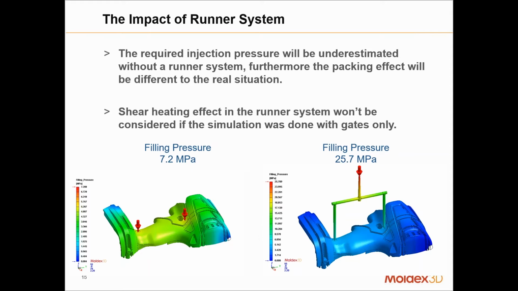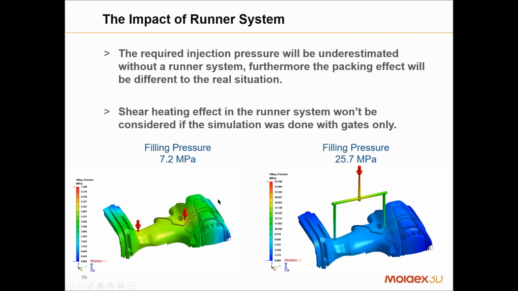And so what kind of pressures you actually see, what kind of pressure loss you see through the runner, is better captured. Even if this is a generic runner layout, it'll still get you a much better idea of what your pressure requirements are and what your warp could be for this part, as opposed to not including the runner layout, as you can see in these two pictures.